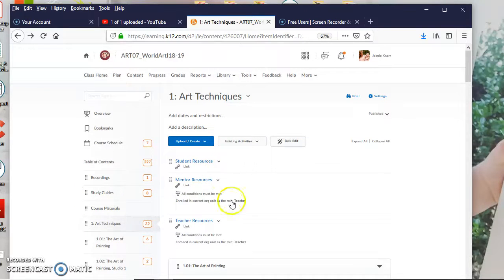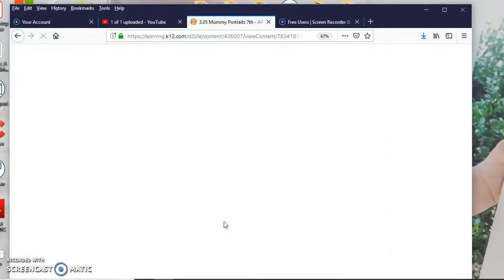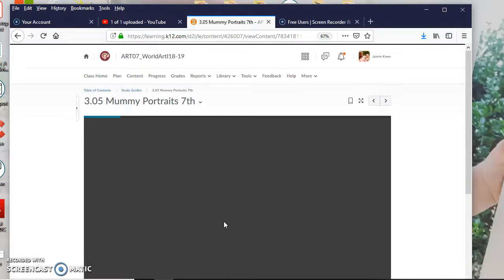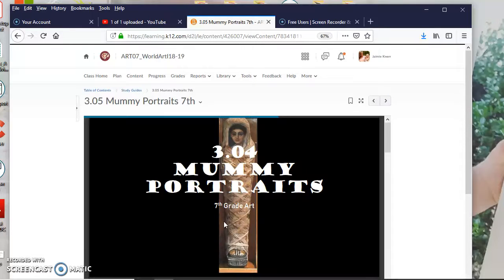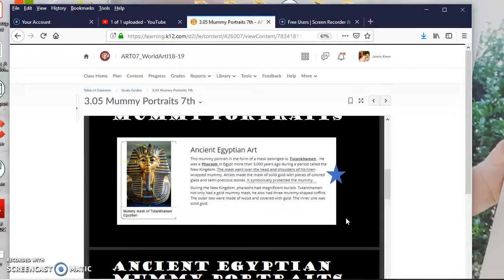Anything else here? Let's download one of these study guides so I can kind of show you what I mean. This is last week's. Okay, you see how I have information underlined and big stars by it?